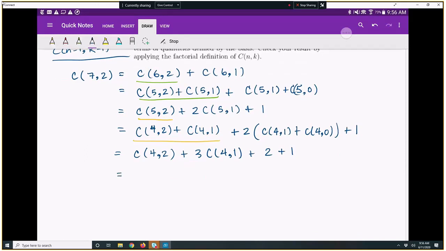Now again, substituting my recursive definition, this becomes 3 choose 2 plus 3 choose 1. That's just 4 choose 2. Then I'll have plus 3 times 3 choose 1 plus 3 choose 0.